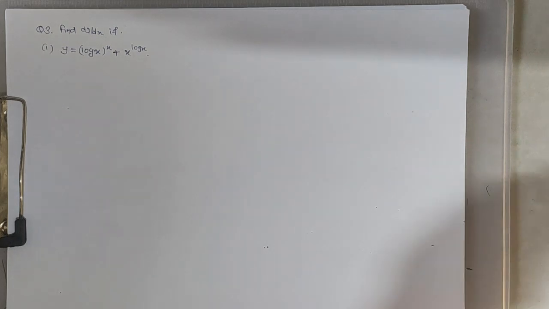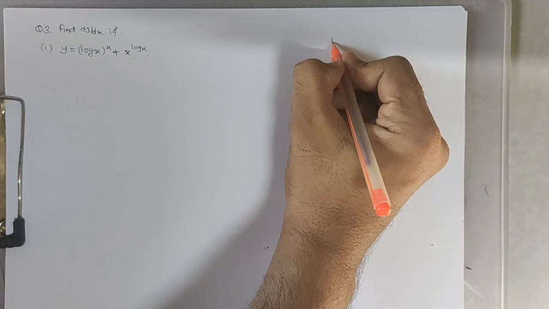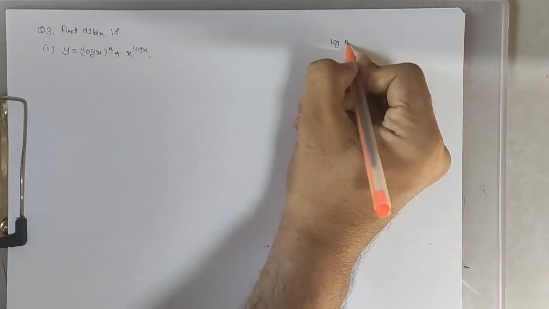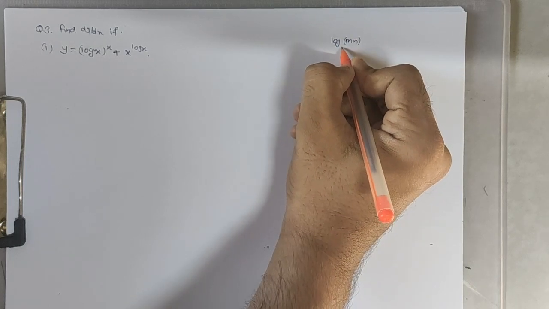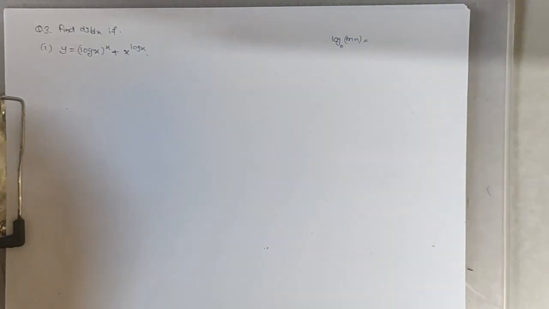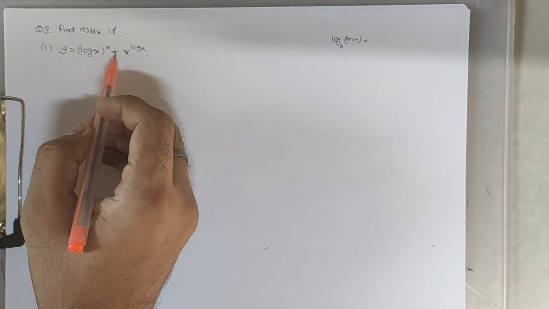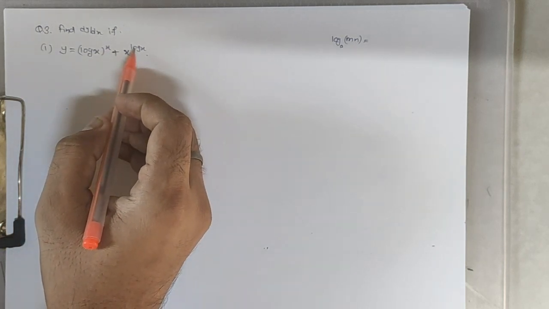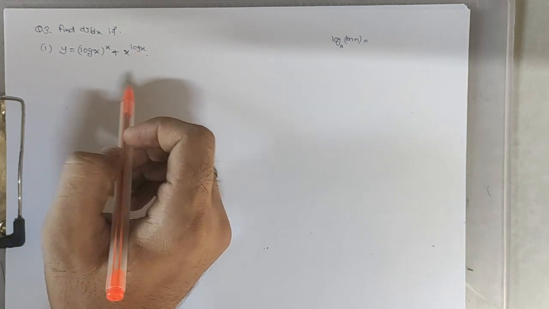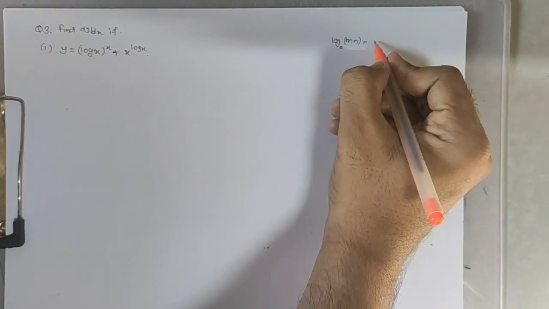As we know, we can apply log only on a product of quantities. So here we will see, log of (log x)^x plus x^(log x), but we can use log only on a product.